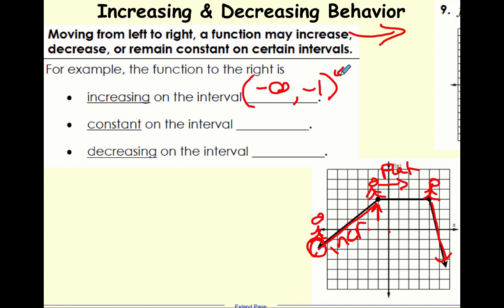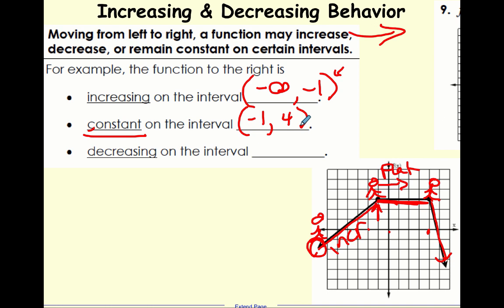Now when we get to this segment where we're flat, that would be a constant on the interval. It's starting at -1, and it's going until I get to over here where x is 4. Again, just like in that previous one, at -1 and at 4, it's neither increasing nor decreasing nor constant at that moment.